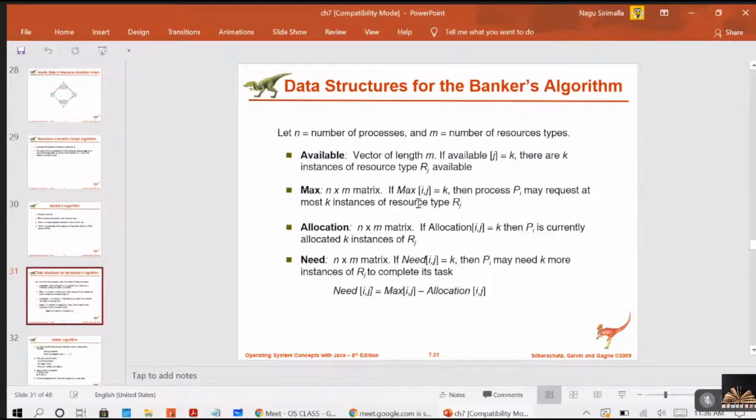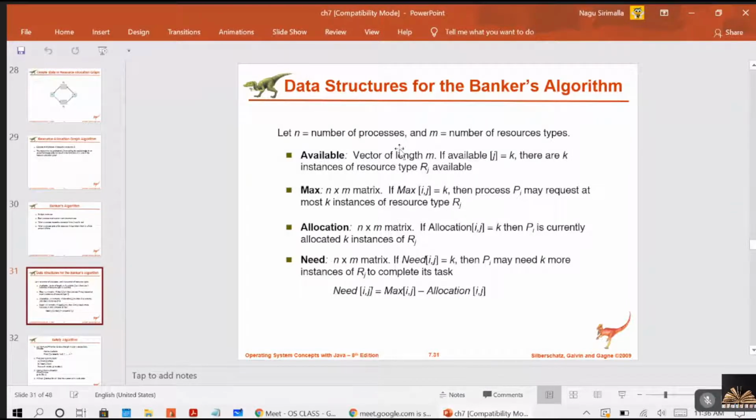So Max[i][j] is equal to k means that the process Pi may request at most k instances of resource type Rj, right?